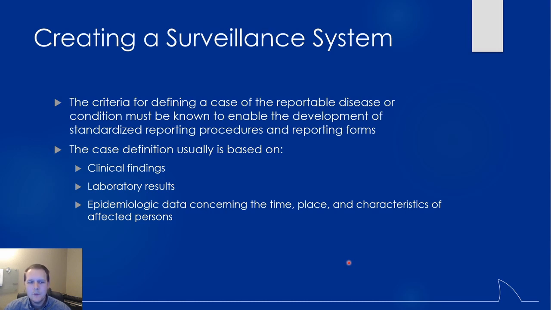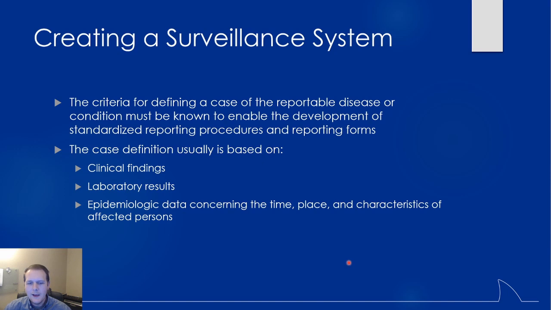How you define those cases is typically based on certain clinical findings, say agranulocytosis, or the presence of certain UA findings. Laboratory results, any of these things can be included.